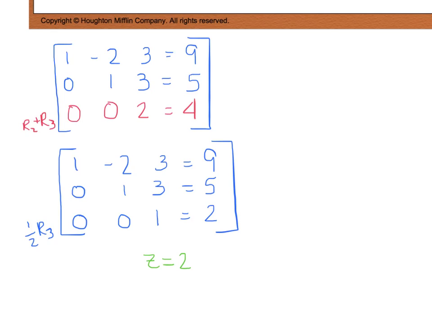And if I take that and plug it up into this equation, remember that this is really 1y plus 3z equals 5.